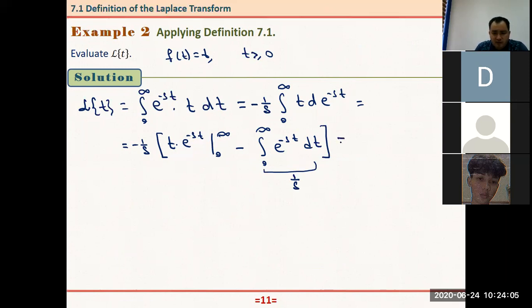What we have here equals minus 1 over s times 0, minus this thing, which we have just calculated, 1 over s. If you simplify this, the Laplace transform of t is equal to negative 1 over s times negative 1 over s, which is equal to 1 over s squared.